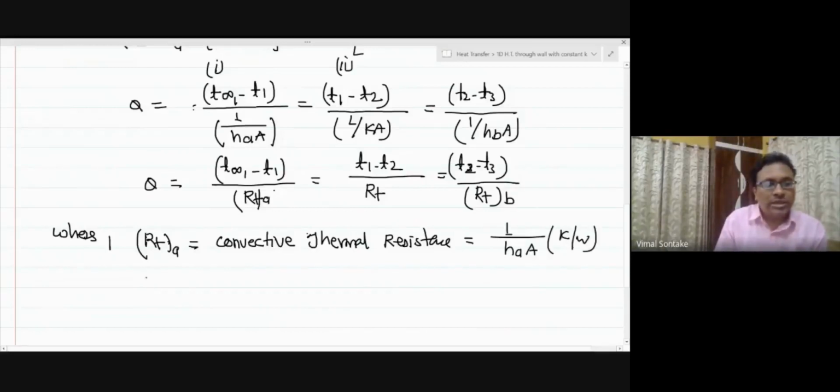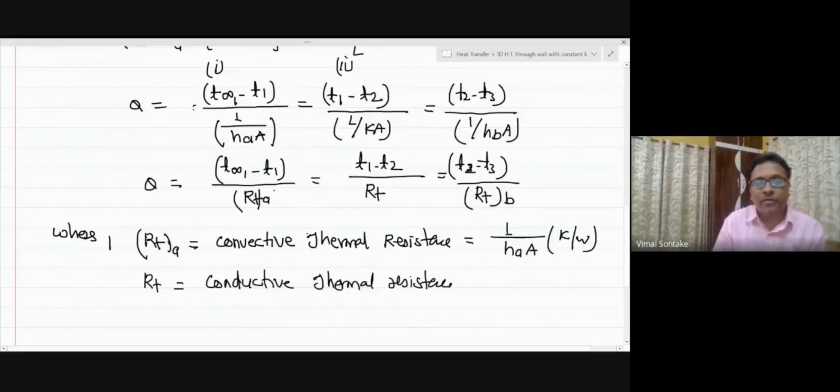R_T is the conductive thermal resistance, which can be given by L over kA. We have already come across it. Its unit will once again be Kelvin per watt. And R_TB is once again a thermal resistance offered by the cold fluid film to the heat transfer by convection.